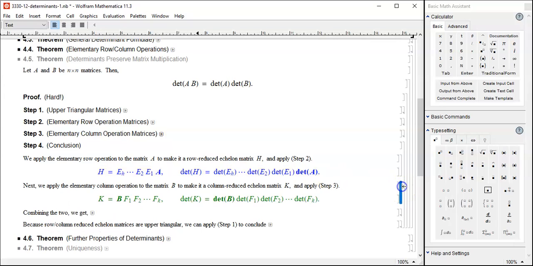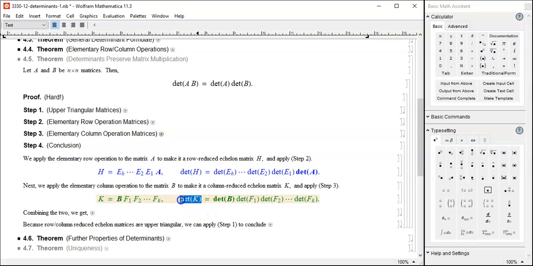Now, let's apply step 3 to an arbitrary matrix B. And this time we use elementary column operations. So we multiply all these matrices, F1, F2, F3, all the way to Fk, all those elementary matrices, to the right. And we have a column reduced echelon matrix, and that's going to be upper triangular.